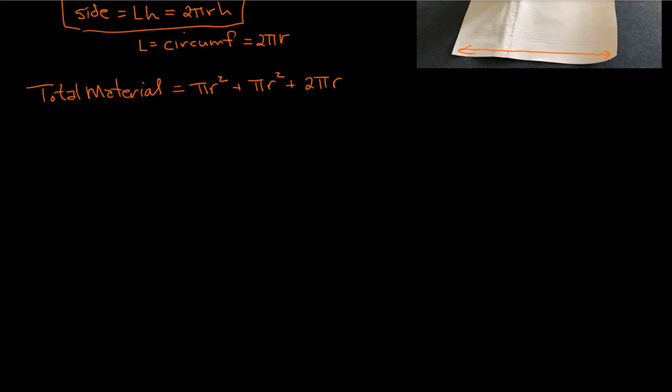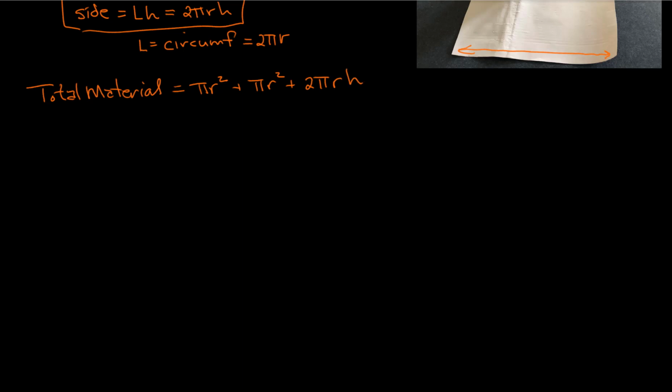The total material is going to be the top, which is pi r squared amount of material, plus the bottom, which is pi r squared amount of material, plus the side, which is 2 pi r h amount of material.